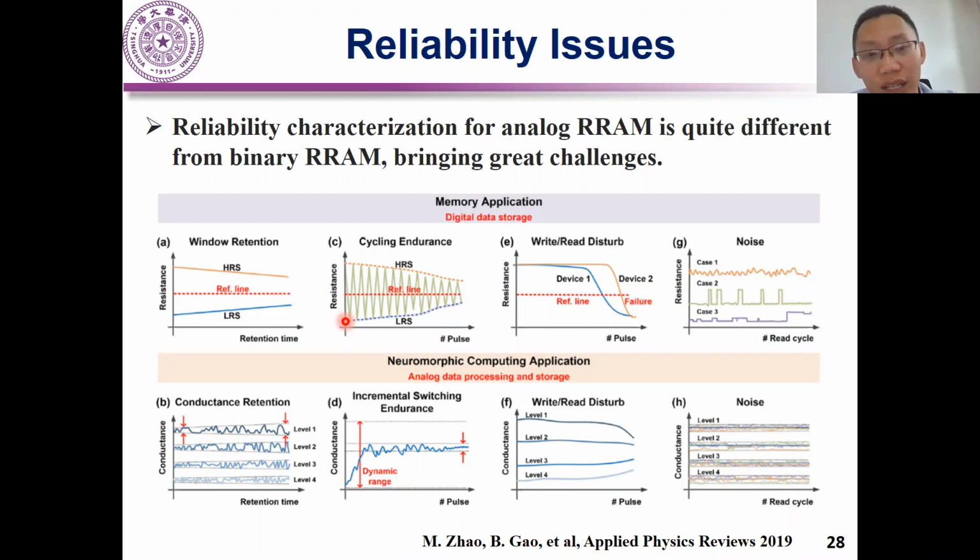For example, if some cells' conductance changes a little, meaning some retention degradation, you can find that the accuracy of the network decreases. But now we can do some training.